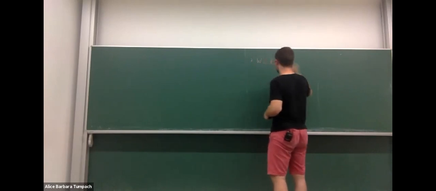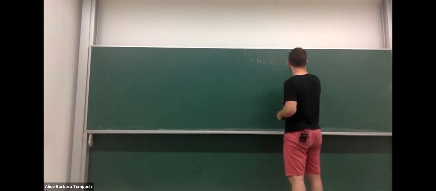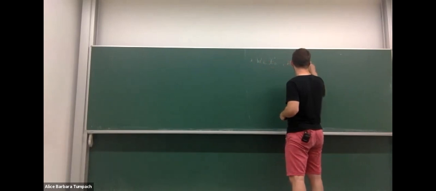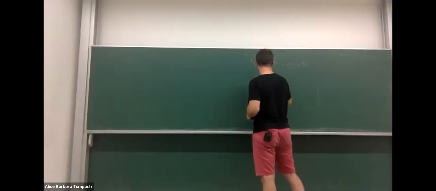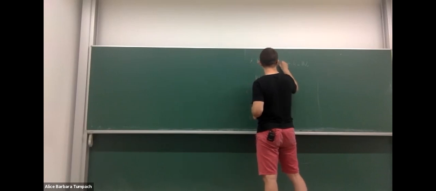Okay, so we have a flat multi-vector field W and two natural numbers n and k, and then we define the norm, or semi-norm, of W with two indices n comma k.